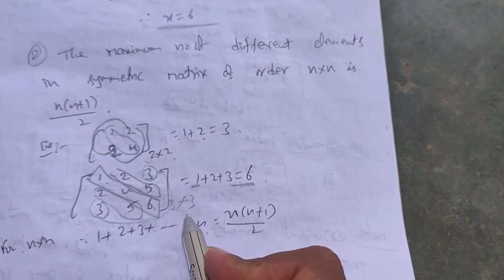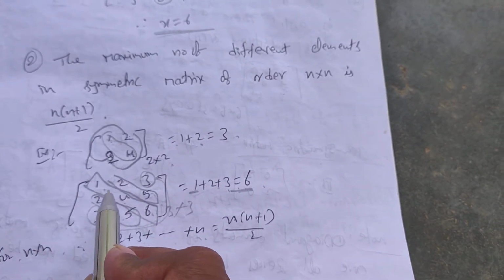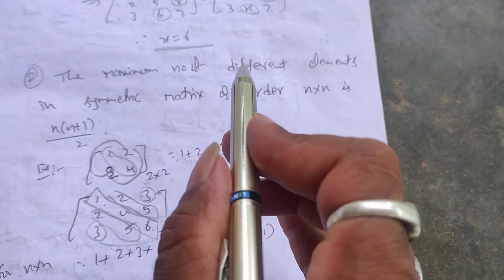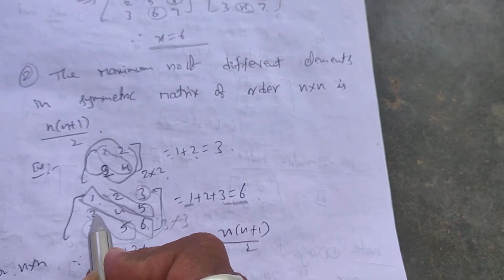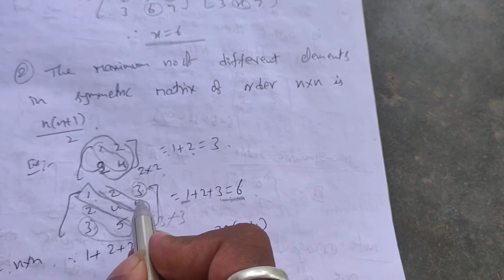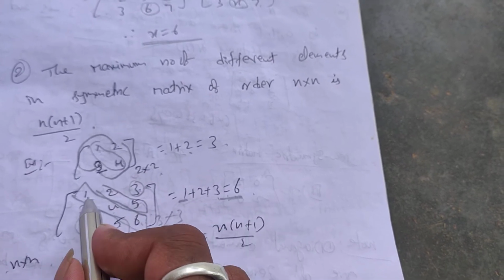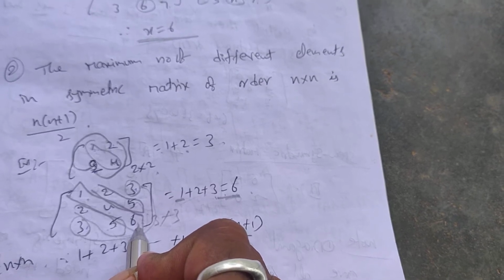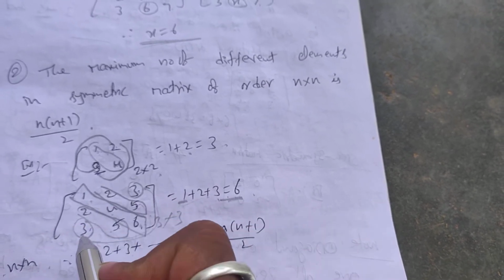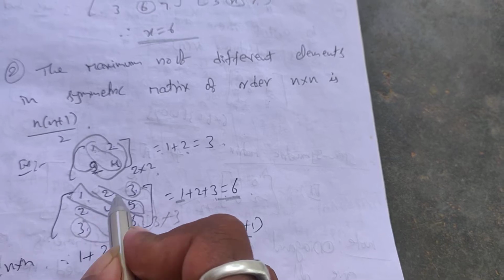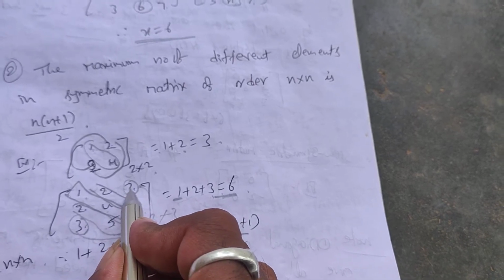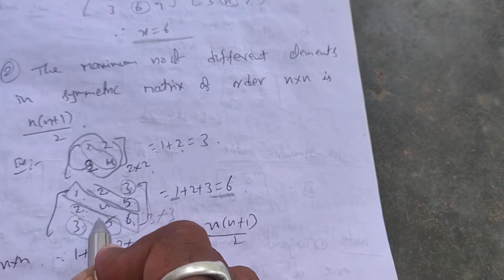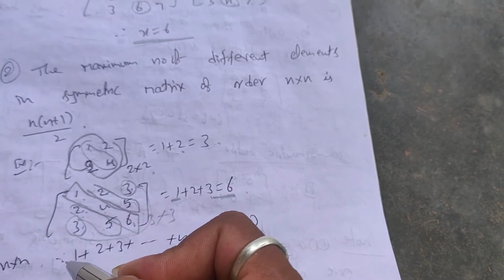Next, for a 3 by 3 matrix, all principal diagonal elements, these 3 numbers, should be different to get the maximum number. And these two should be equal, these two equal, and these two equal. So the pairs count as 1 number each, and we can count from one side only.